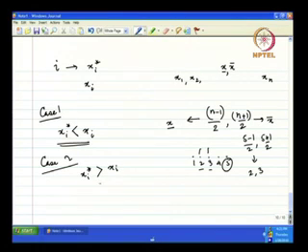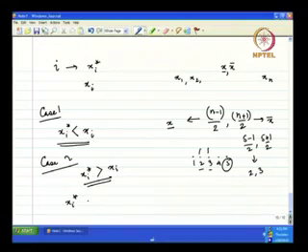If I can prove that in both these cases xi star weakly dominates xi, then I am done. Then I am done in the sense that no matter what other announcement I take, announcing my true type, that is xi star, is the weakly dominant action. It weakly dominates over other actions.